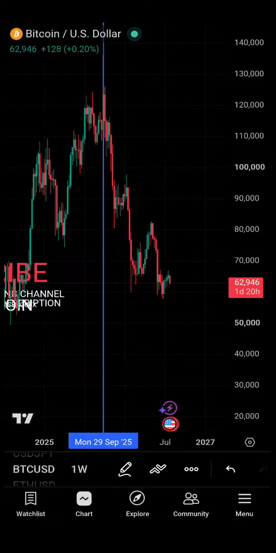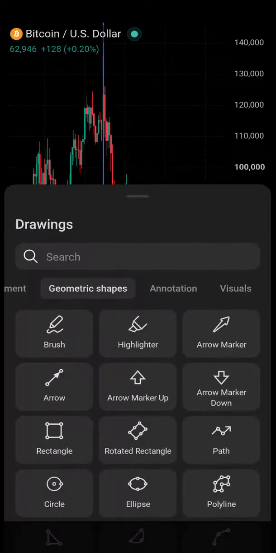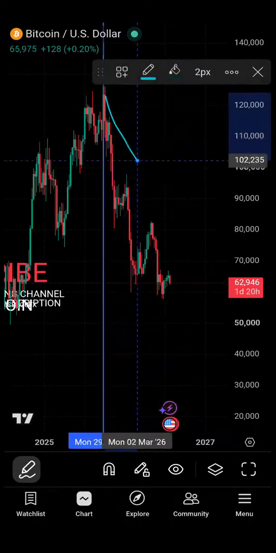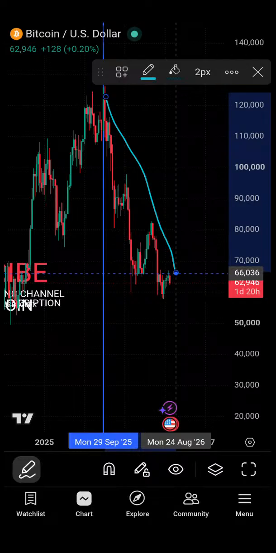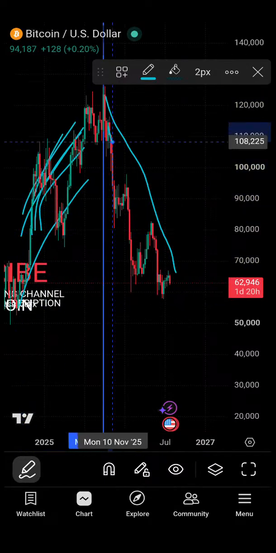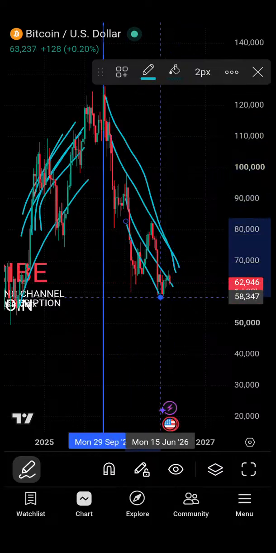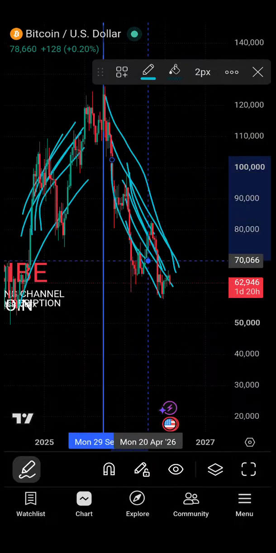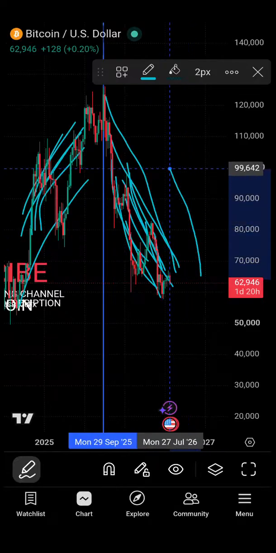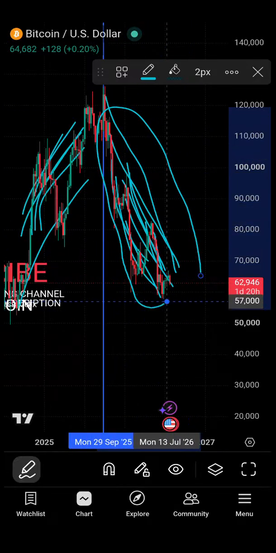So the overall direction from this point to this point is bearish. Forget about this part. Let's just focus on what is happening here. Bitcoin is bearish since last year, right?